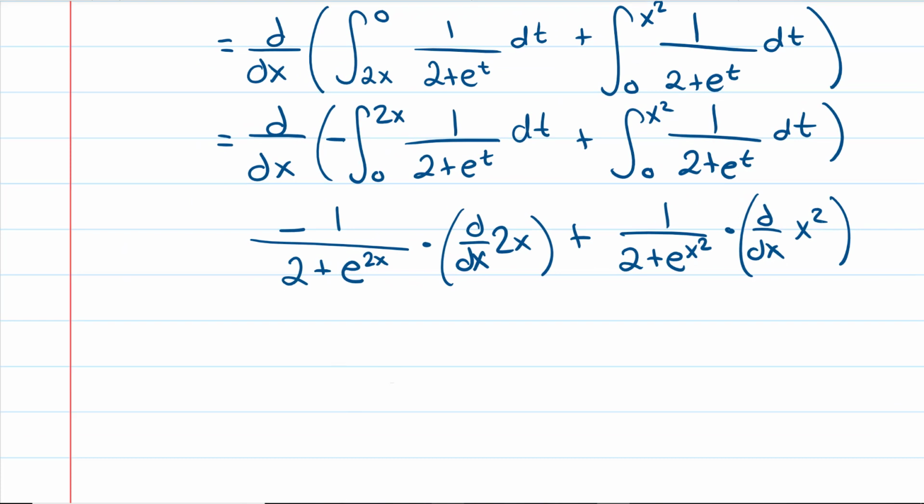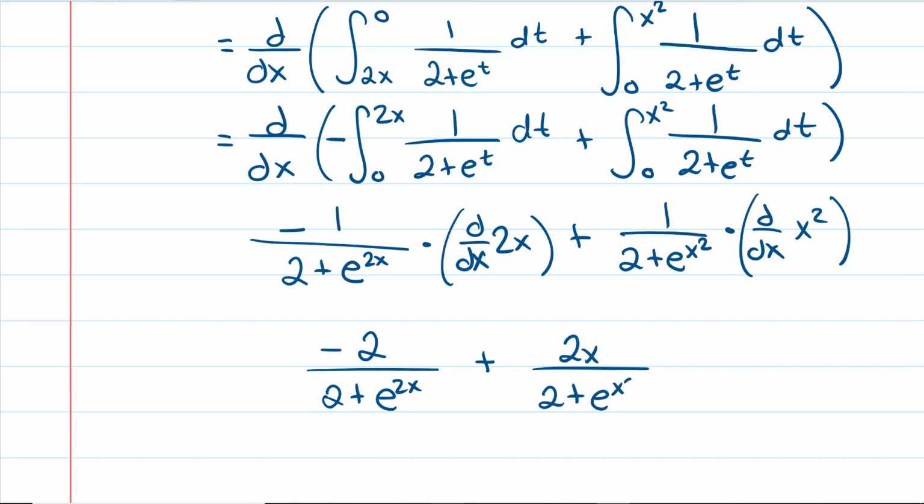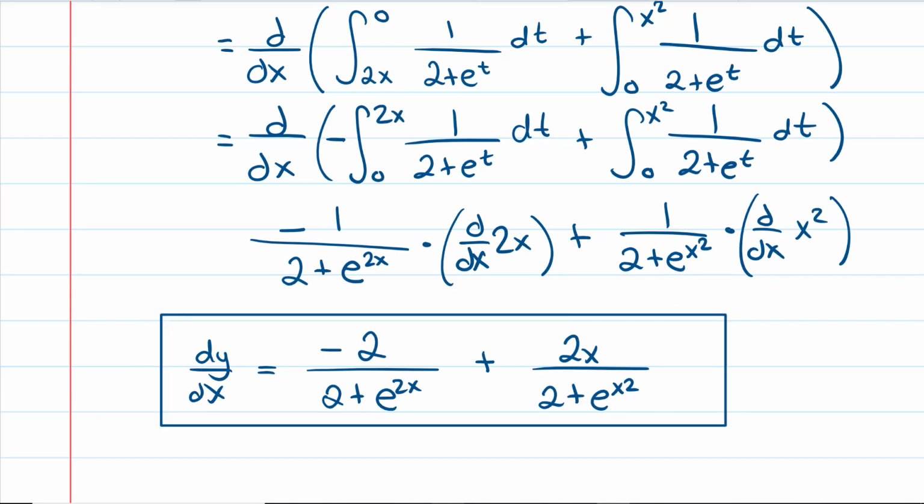So here the derivative of 2x is going to be 2, so 2 times negative 1 is negative 2, divided by 2 plus e to the 2x, plus the derivative of x squared, which is 2x, divided by 2 plus e to the x squared. So this is dy dx, and that is your final answer.